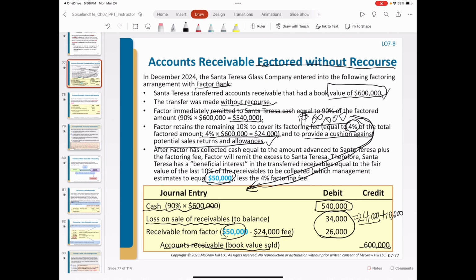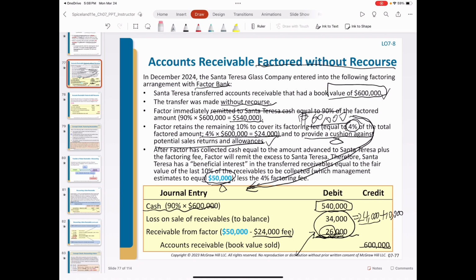After we subtract the factor fee, the $26,000 will be considered a cushion to protect the factors against potential sales return and loss. If the factor can collect all the receivables for $50,000, the $26,000 will be remitted to the Santa Teresa Glass Company. So this account is just in case there's any additional sales return allowance.